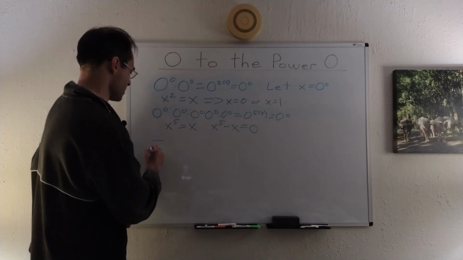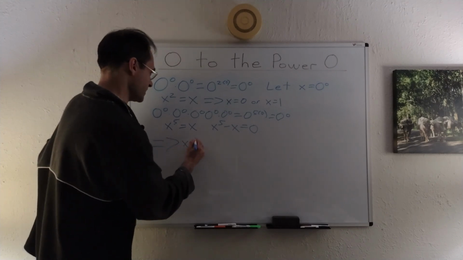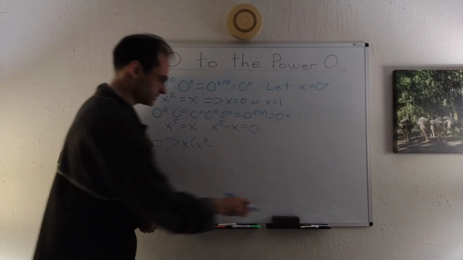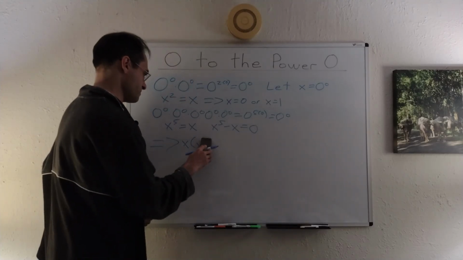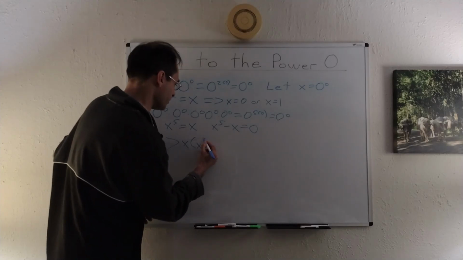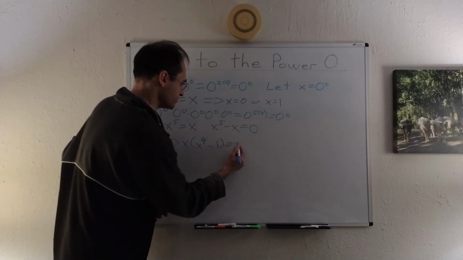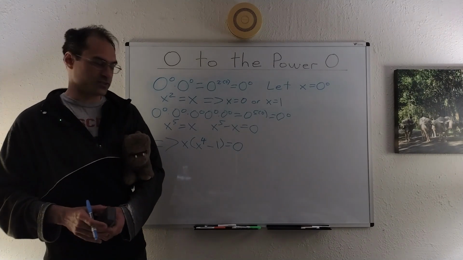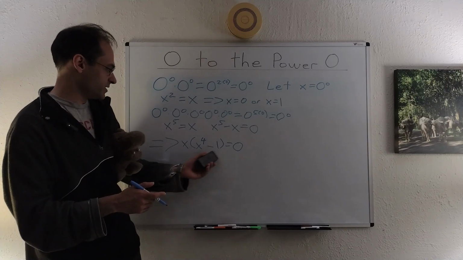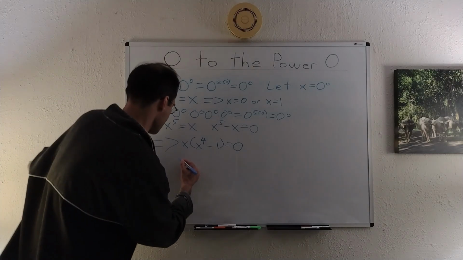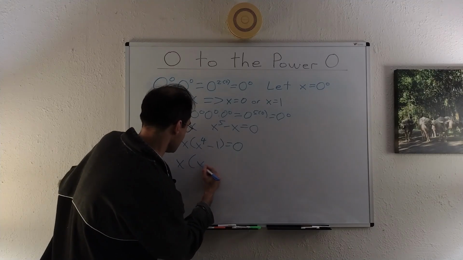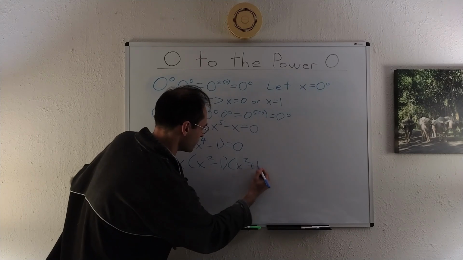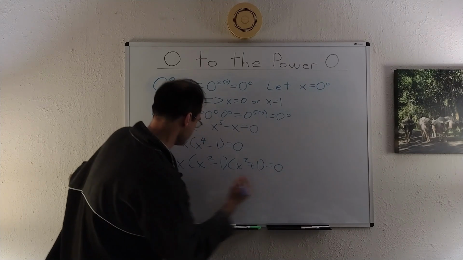We'll factor out an x, and we'll get x times x to the 4 minus 1 equals 0. And then we can use difference of squares to factor this part here. So we get x times x squared minus 1 times x squared plus 1 equals 0.